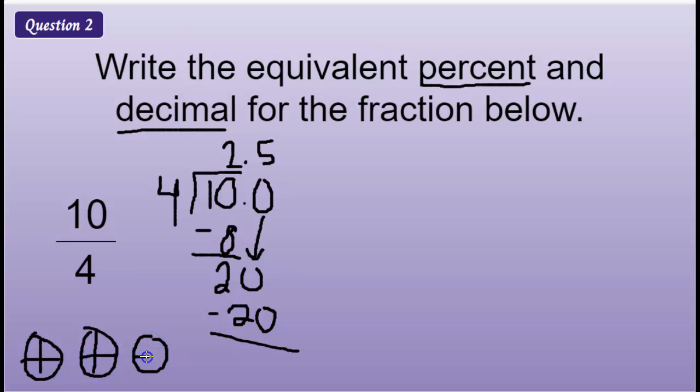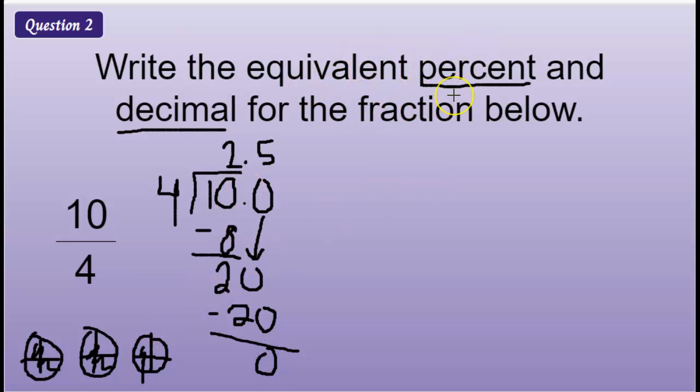So I would need 2 more slices. Well, if I eat 2.5, that would be all of that, and then a half was this right here. If we look, that is 1, 2, 3, 4, 5, 6, 7, 8, 9, 10 slices. Okay, I just wanted to show you what it would look like in a picture.